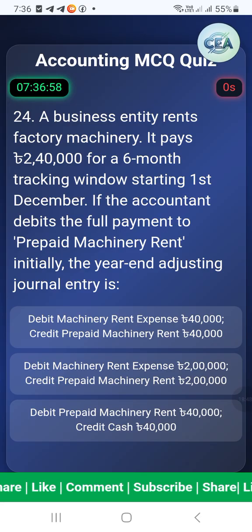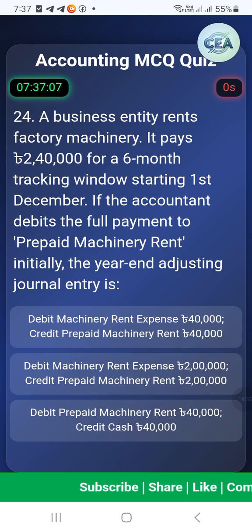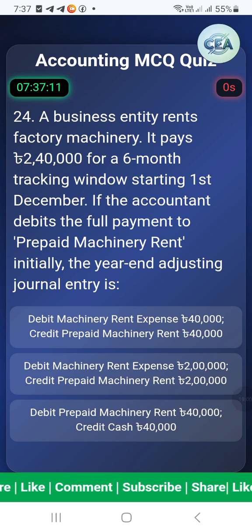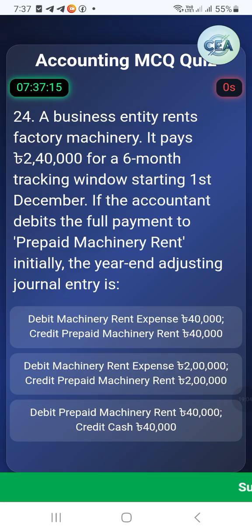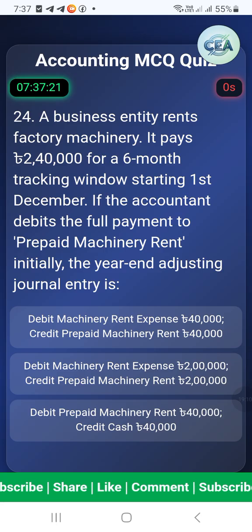If the accountant debits the full payment to prepaid machinery rent initially, the year-end adjusting journal entry is: Option 1. Debit machinery rent expense 40,000 takas, credit prepaid machinery rent 40,000 takas. Option 2. Debit machinery rent expense 200,000 takas, credit prepaid machinery rent 200,000 takas.